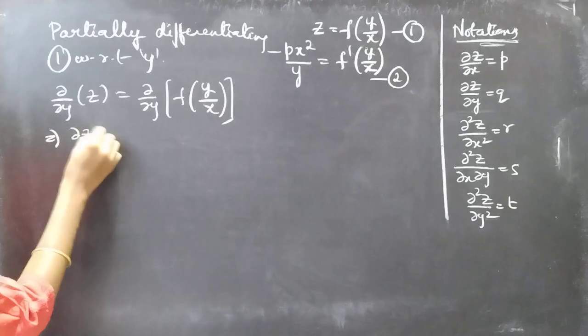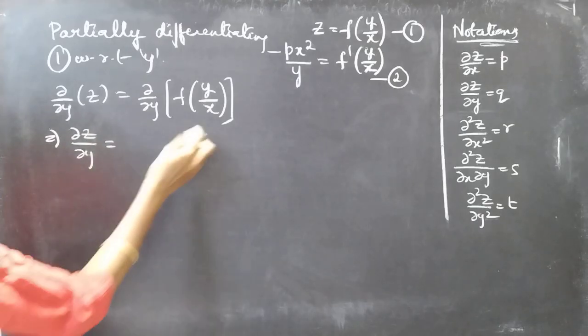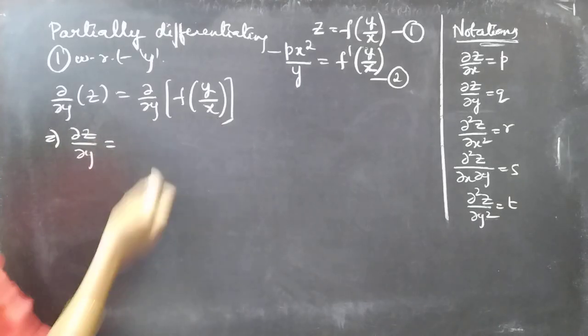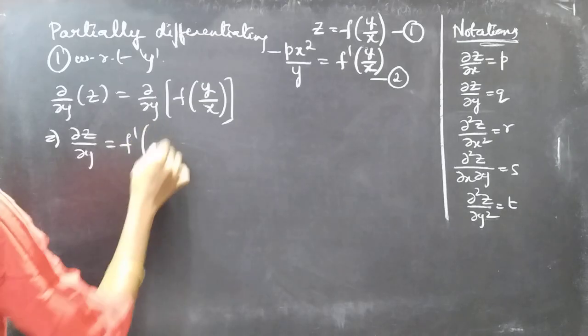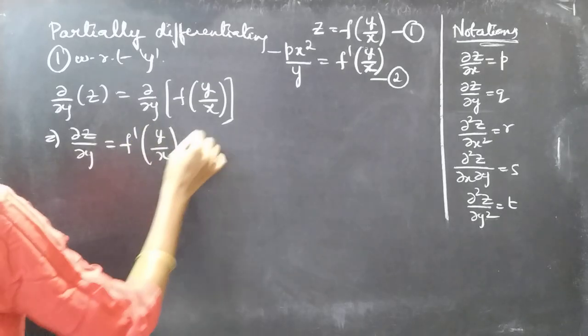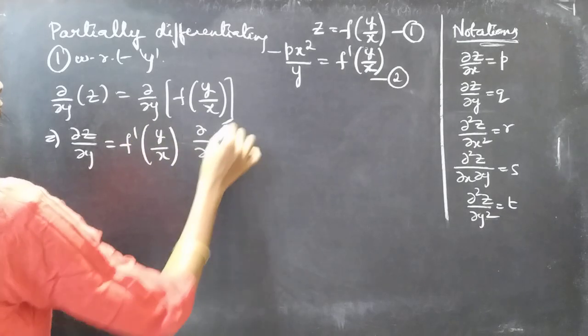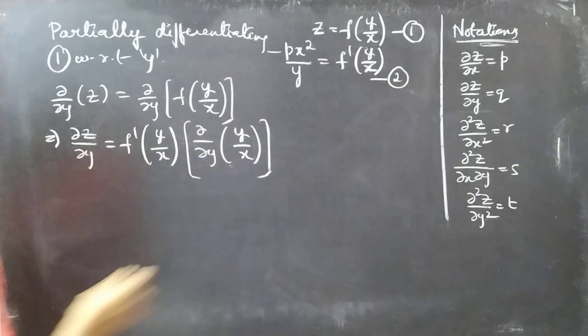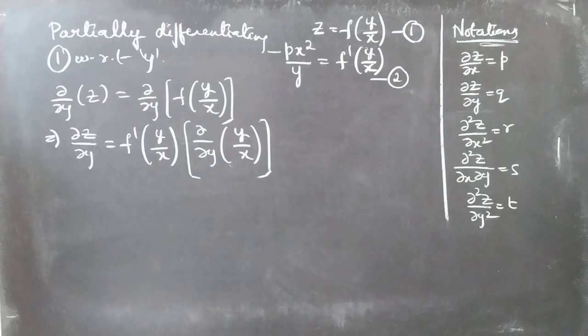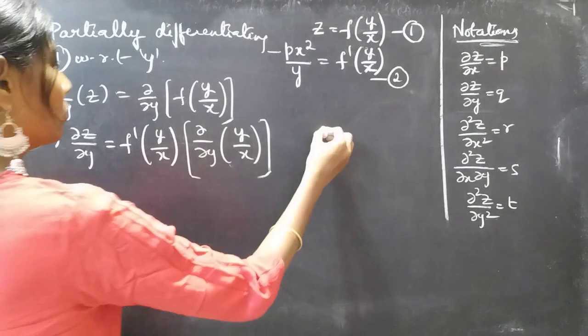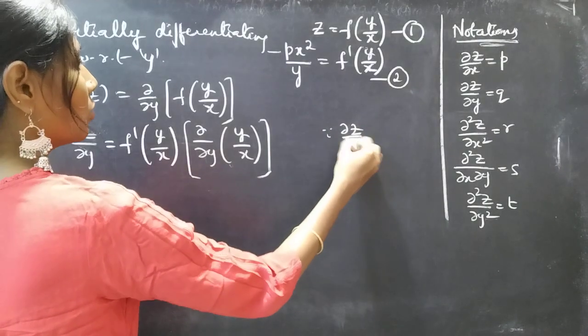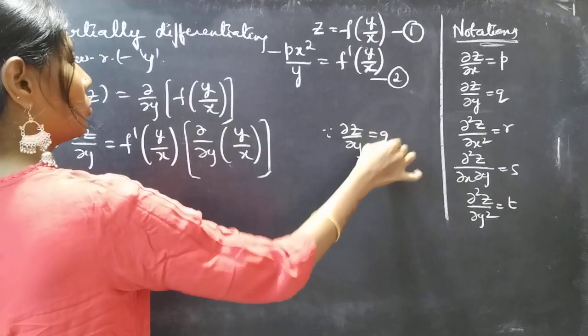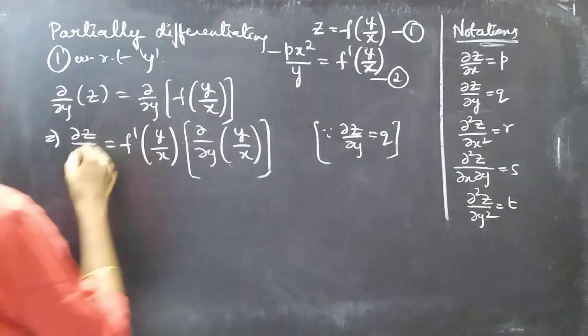This gives us dou z by dou y equal to the partial derivative of f of y by x with respect to y, which is f dash of y by x into the inner derivative. Since we are partially differentiating with respect to y, we'll treat x as constant and z is a dependent variable. We also have the notation dou z by dou y equal to q, so we'll replace dou z by dou y by q.